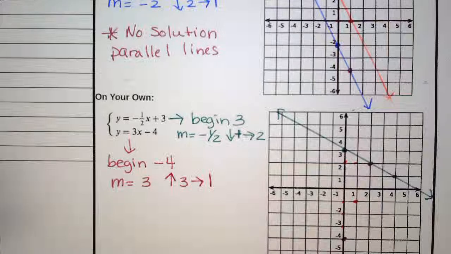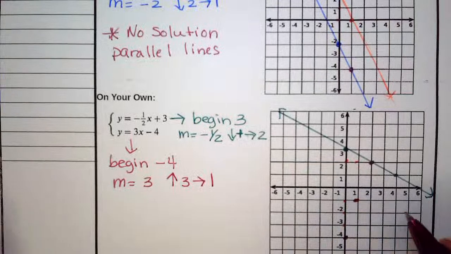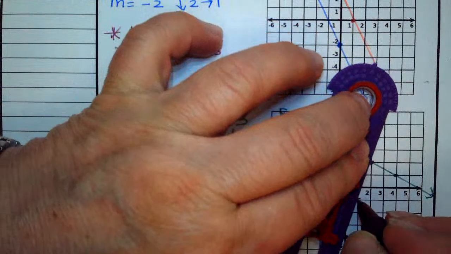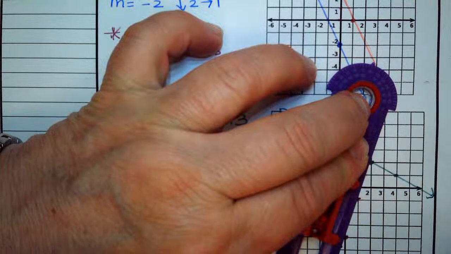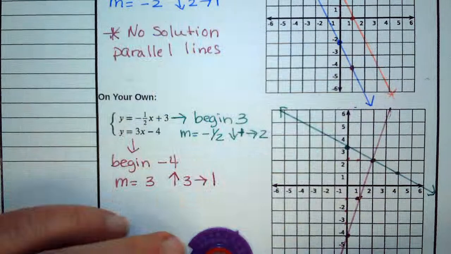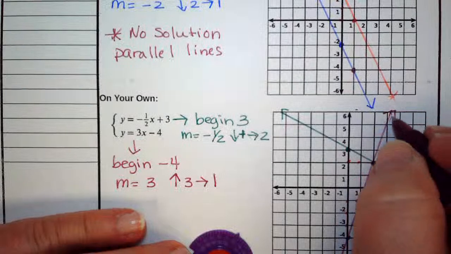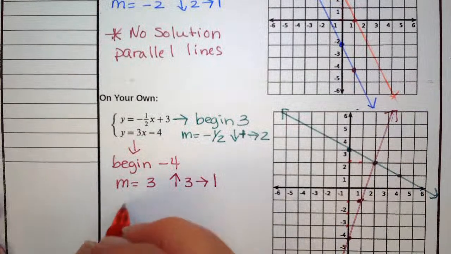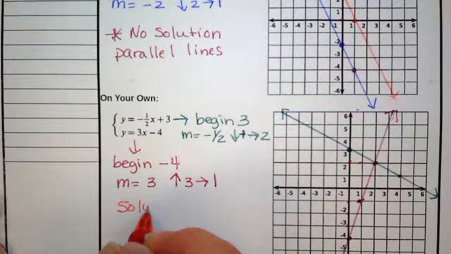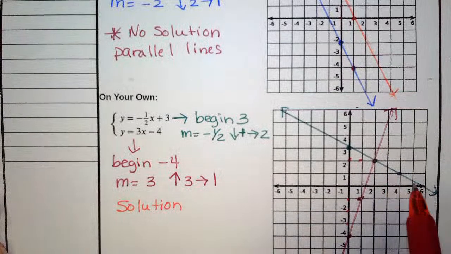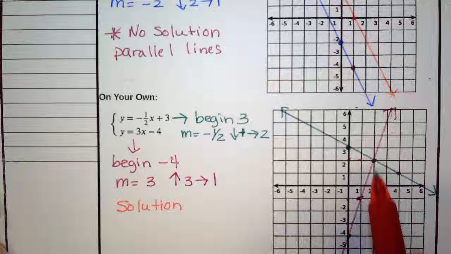That gives me 2 points. If you're looking at this, our solution is the point (2, 2).